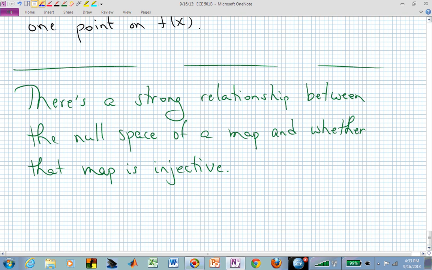And that's actually in the textbook, Proposition 3.2.